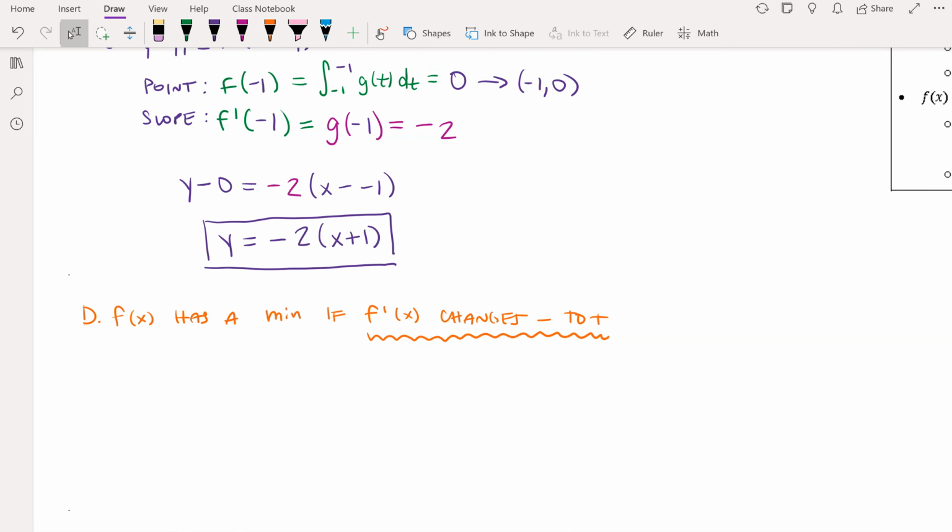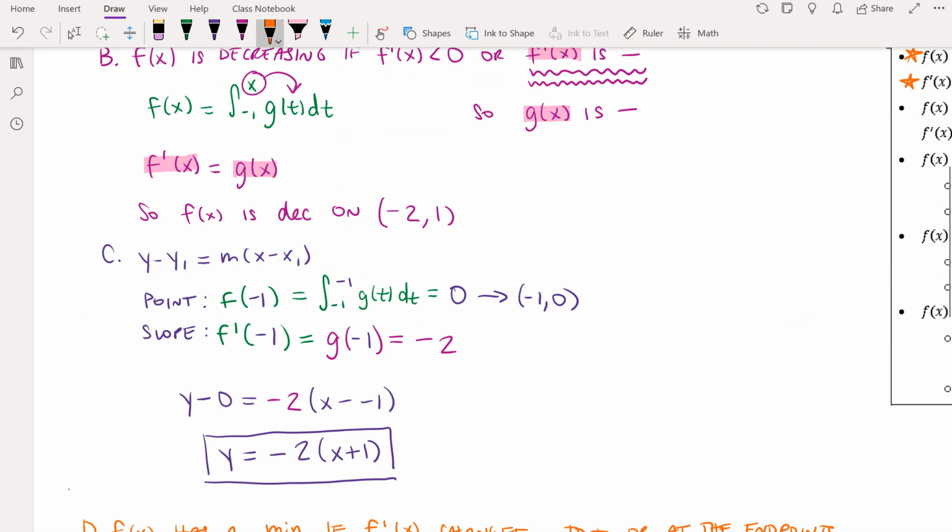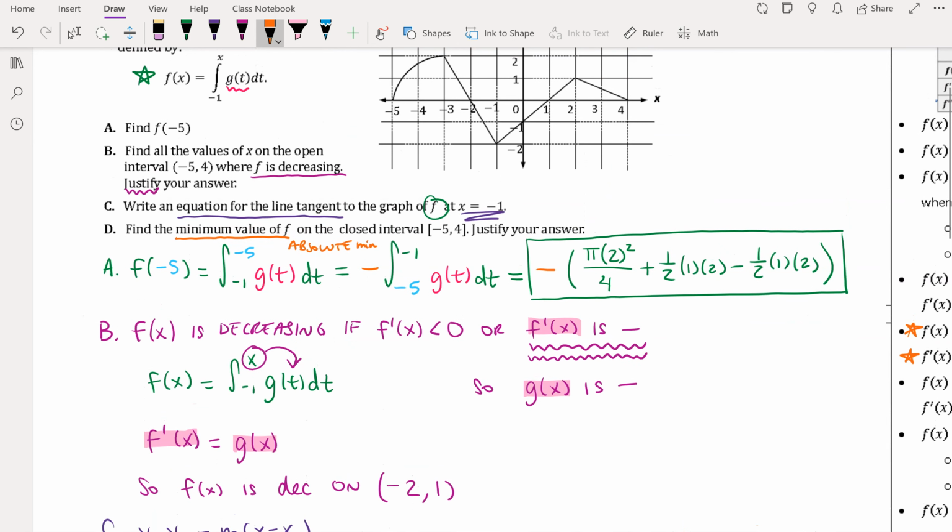So f has a min if this is true or at the endpoints. We don't know where the actual min is, and we don't know what the min is. And if you look, this question is asking us for the minimum value. That's the y value, y'all. But we're always going to write these problems in a certain way so that we get them right. So I'll help you out with that in a second, after we do the math.